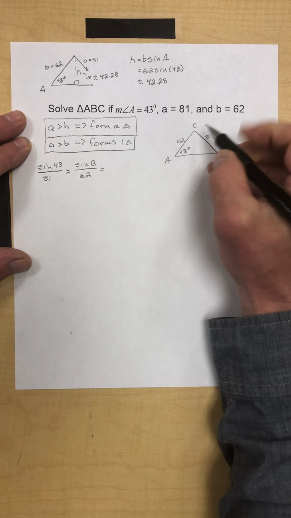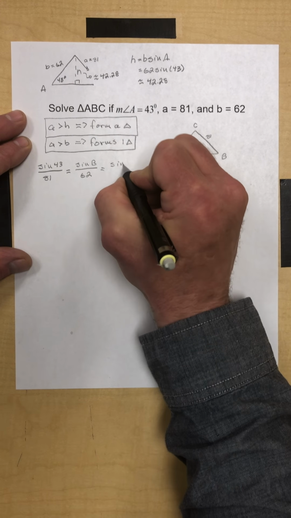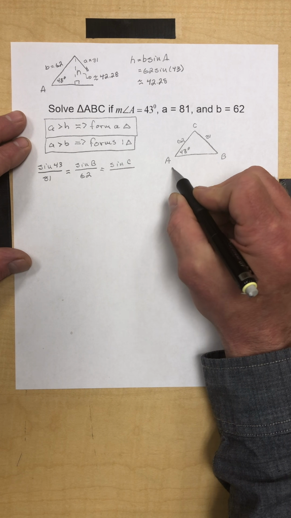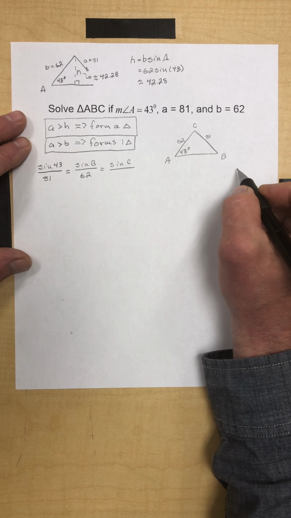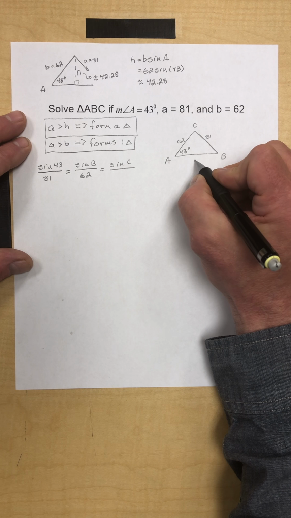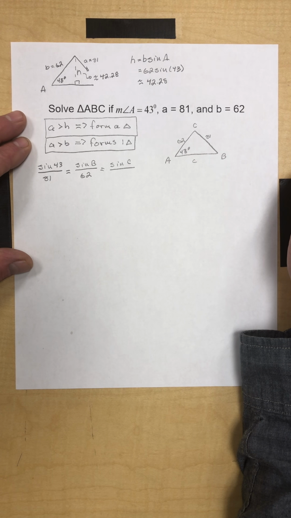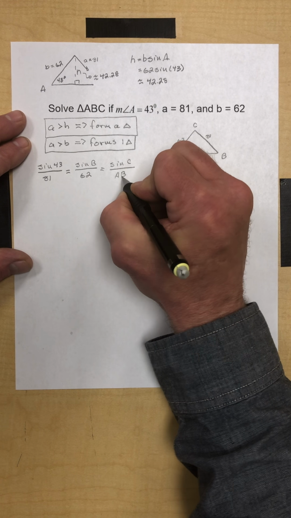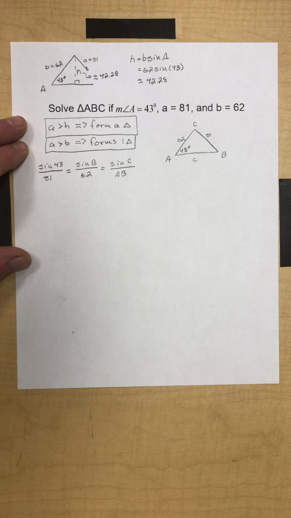And I have the sine of angle C over the length of the side opposite. You could call it AB, the length of side AB, or you could call it little c. It's just a matter of what you want to do. I'm going to call it AB. It makes no difference.